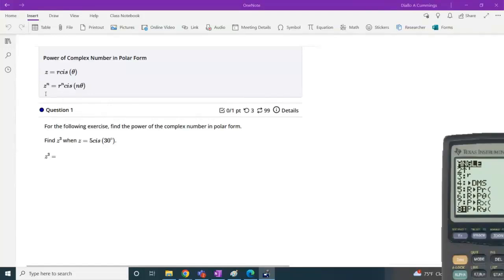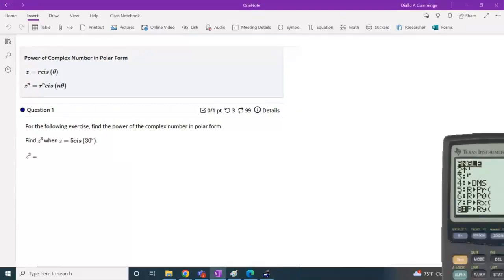The second formula is actually the power of a complex number in trig form. So just to write this over here, this is how to find the power of a complex number in trig form.